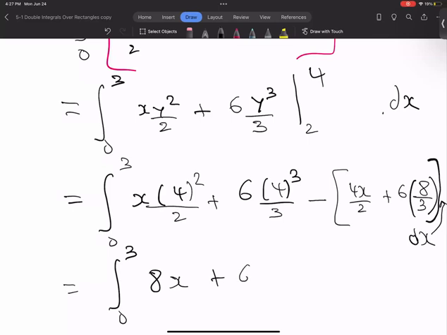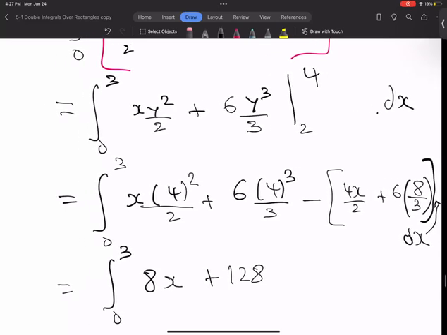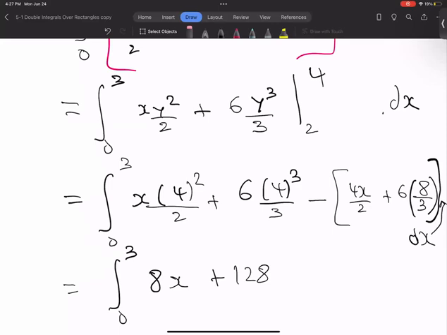Oh my goodness, 6 times 64 divided by 3. So it's 128, right? And then what did we do here?